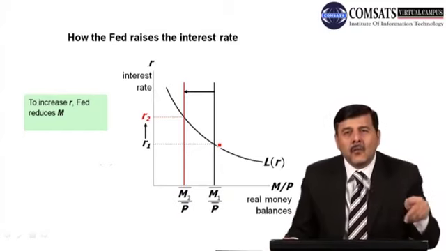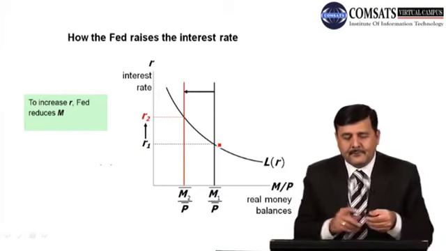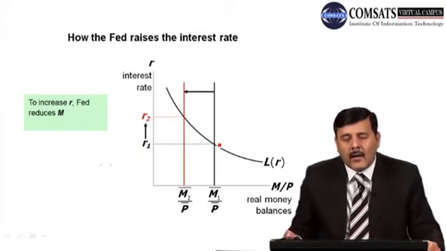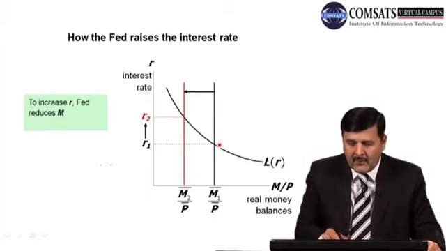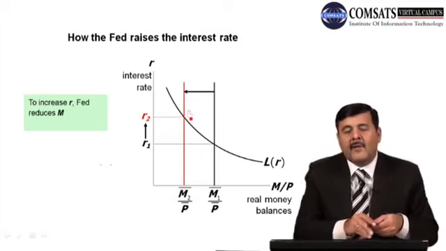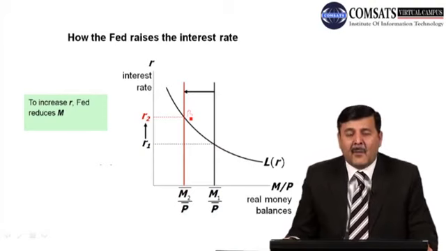Now this new money supply curve intersects the demand for money curve at a point we can call point B. Now at point B, what will happen to the rate of interest? What is happening in the money market?